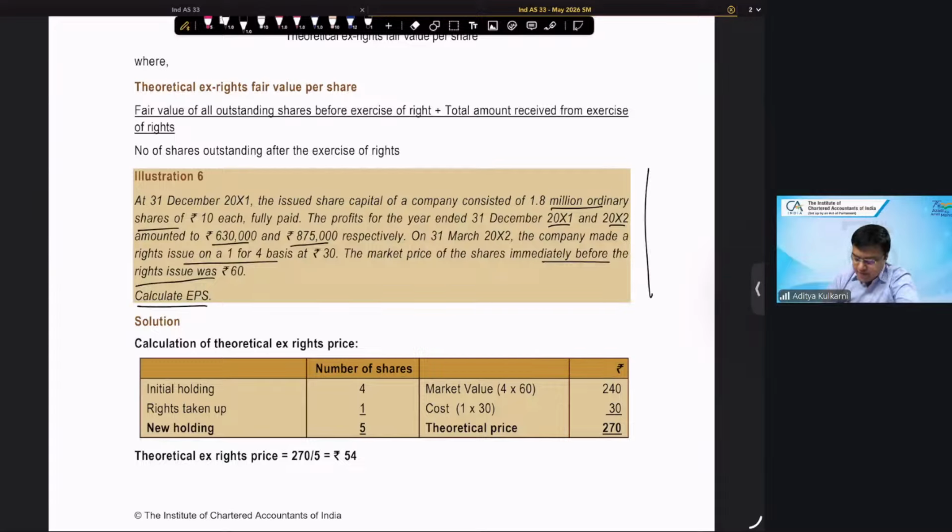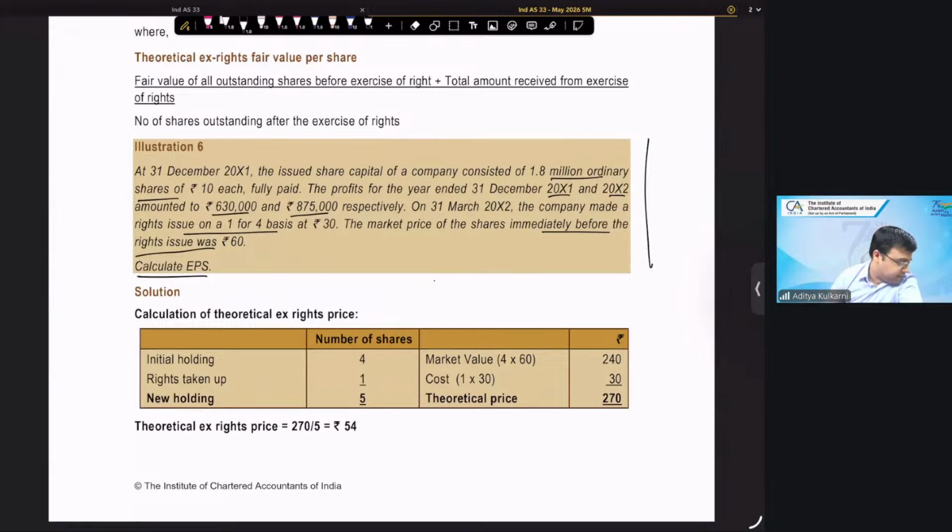Now, understand this carefully. How many shares do I have? 18 lakh shares. So I am issuing one share for every 4 shares held. So this comes to how much? This comes to 4 lakh 50,000 shares. Correct?